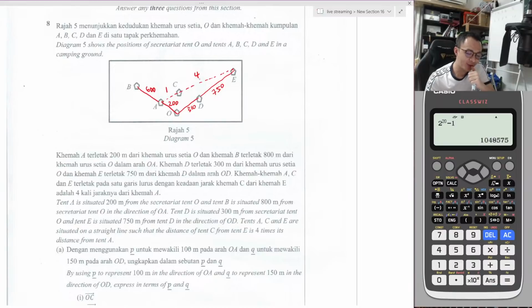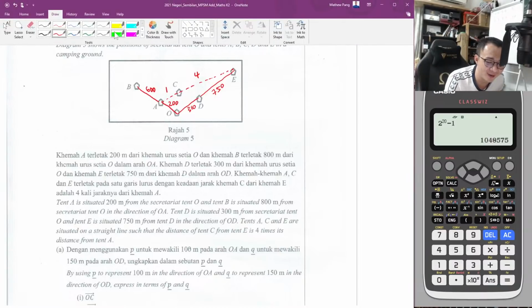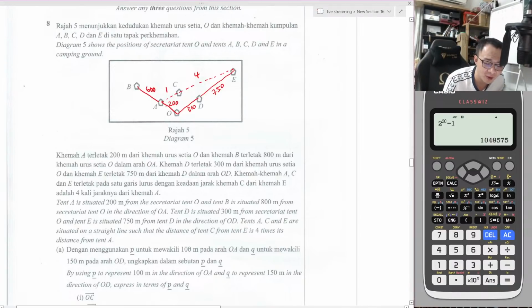Okay, by using the P to represent 100 meter in the direction of OA, Q represent 150 meter in the direction of OD, expressed in terms of P and Q. Alright, let's change then. So 200 meter in this direction means 2P.